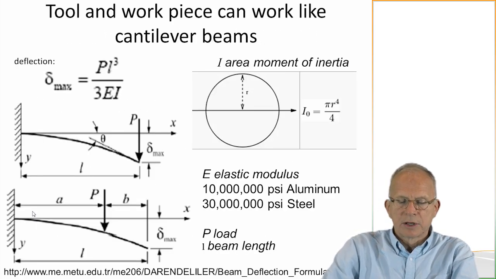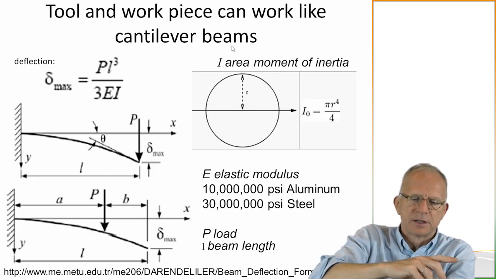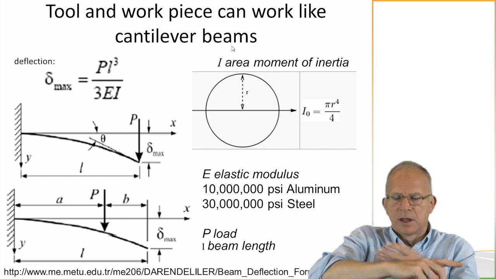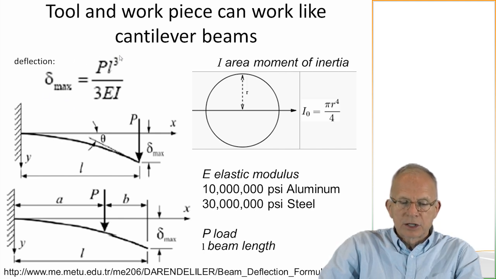All right, so here's one thing to note as well. The tool and the workpiece can work like cantilever beams. So usually the tool has got some overhang and is sticking into the part somehow, but it's cantilevered. And here's an interesting thing. Note that for the cantilever deflection, the amount of deflection is proportional to the cube of the beam length.